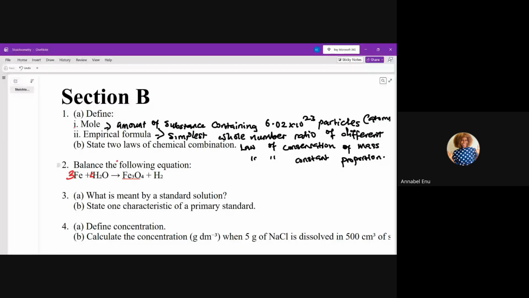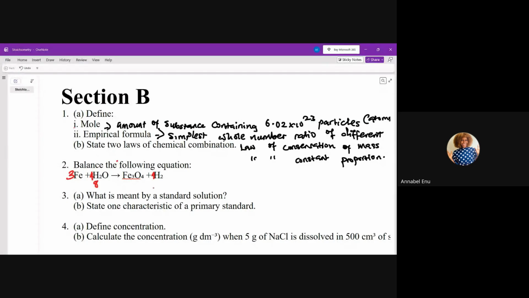And when we put down 4 here, we are also affecting the hydrogen. So hydrogen is now no longer 2 in the reactant. It is now 8 because it's 4 times 2. Subscript and coefficient will multiply. So for us to balance it in the product, we'll do likewise.